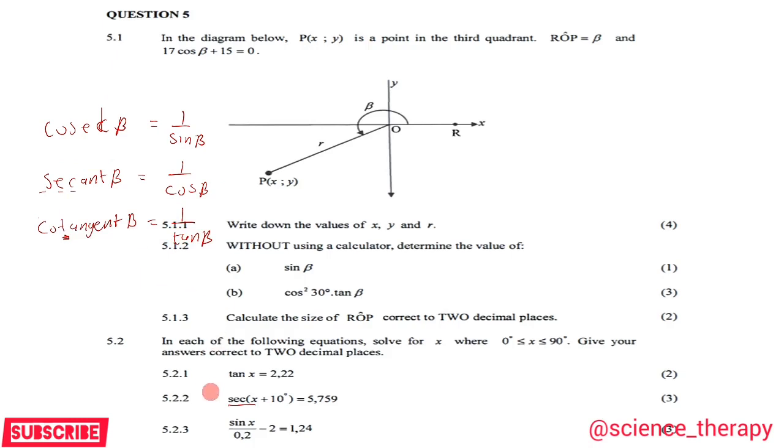So calculating for sec, how are we going to approach this question? We have sec of x plus 10 degrees is equals to 5.759. Now we know sec is an inverse of cos, right?